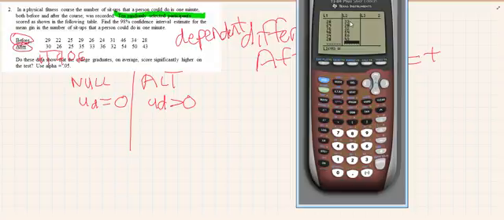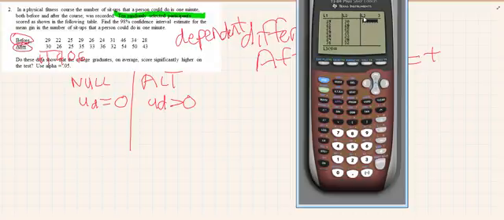Alright, so this is a pretty small set of data. We could easily subtract these ourselves, but let me just show you how to use the calculator to do this for you. In list 3, I can tell the calculator to subtract L1 from L2 and give me the result.